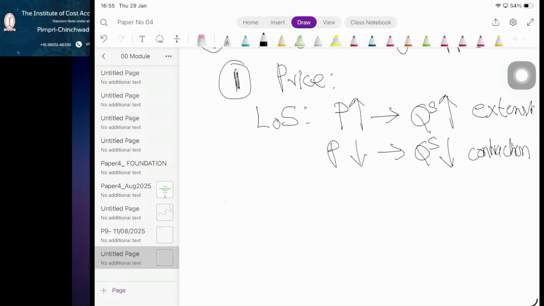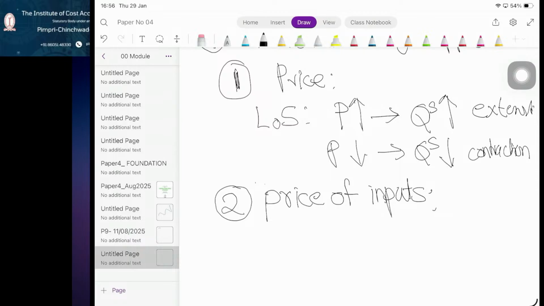Now, other factors which determine supply are price of inputs. What is the most commonly used input in production process?